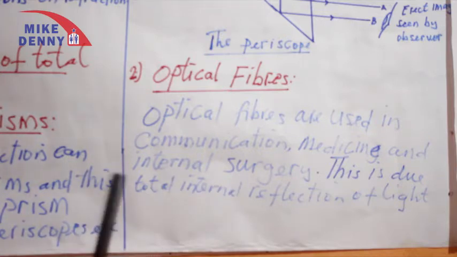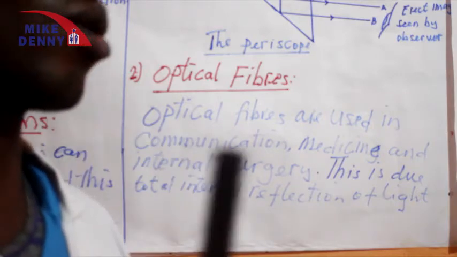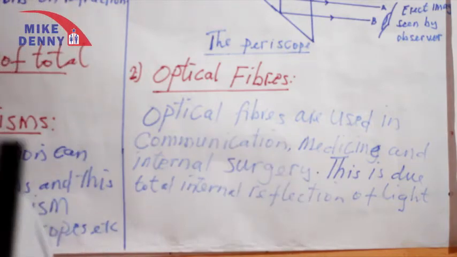This is due to what? Total internal reflection. Optic fiber has a very great advantage as far as communication is concerned. It has great advantage over cables. For example, optic fiber carries a lot of information compared to cables or wires.